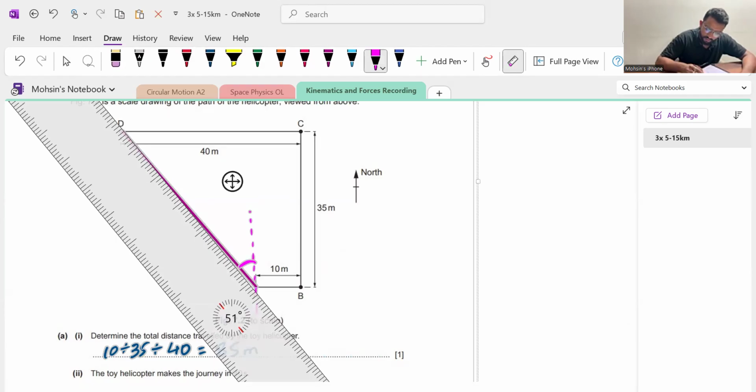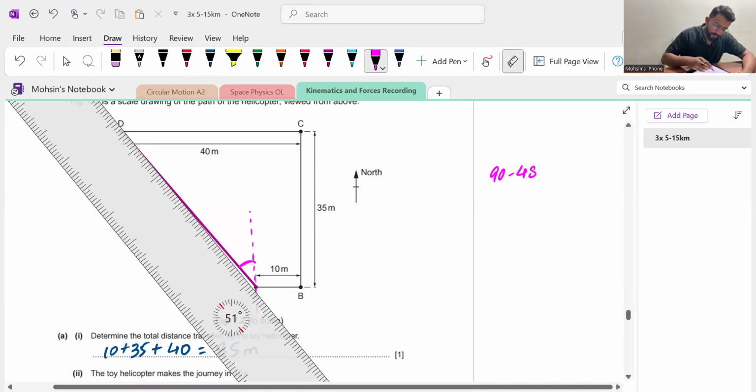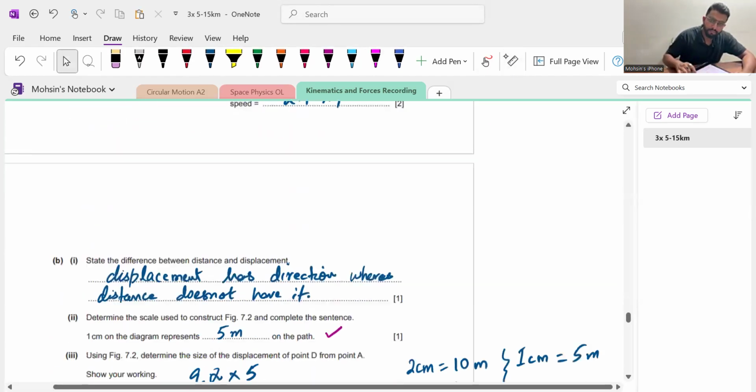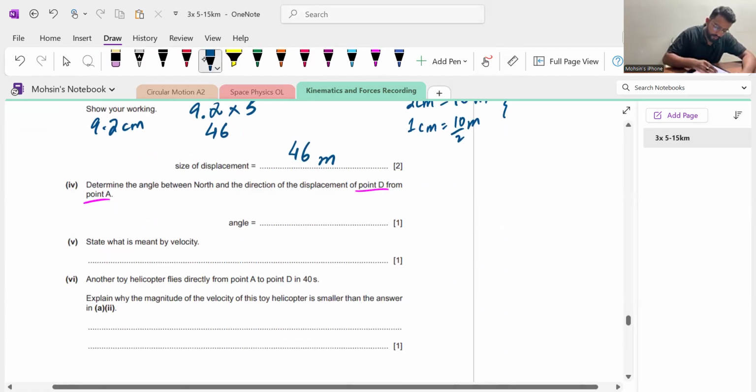So 48 almost. So 90 minus 48, I will get 42 degree. So exactly I'm getting 42 degree here. So I will write 42 degree. State what is meant by velocity.